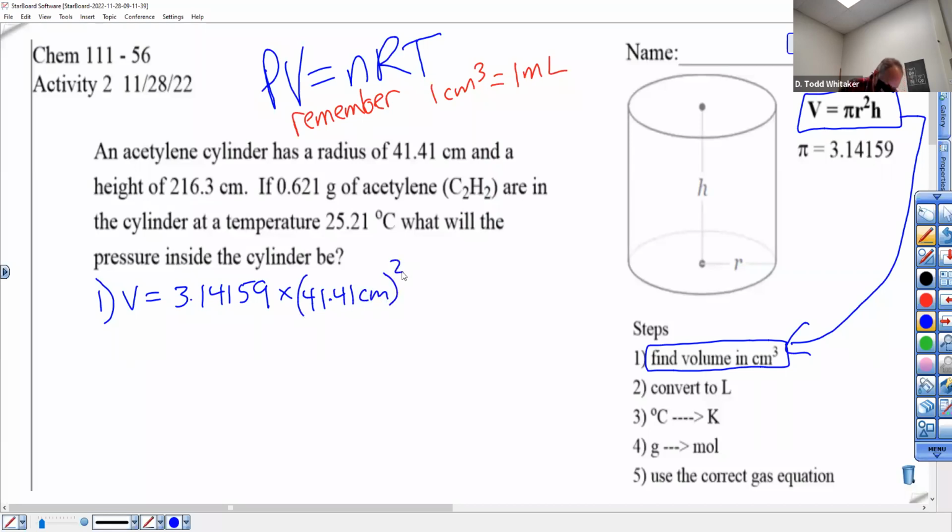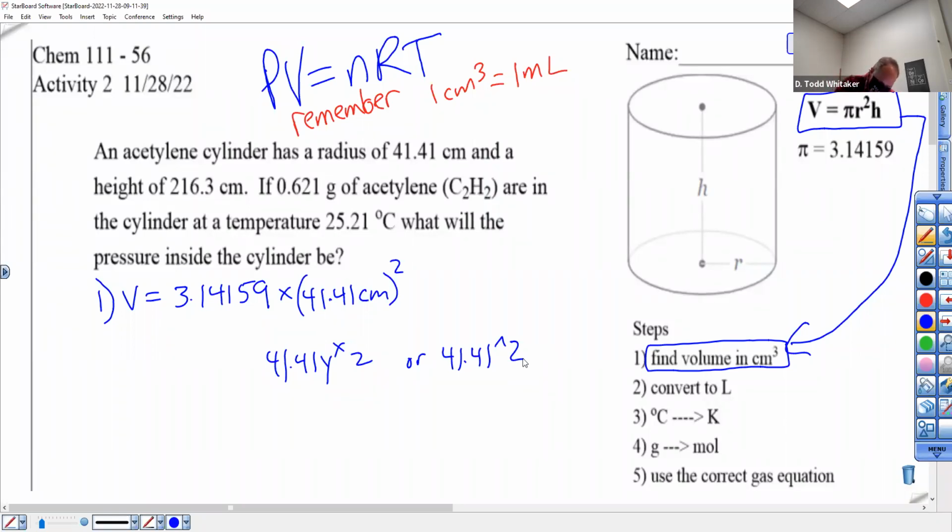A couple ways to do that on your calculator. There's a y to the power of x key, y to the x. So you type in 41.41 y to the x and then 2. That's one way to do it. Or 41.41 with a little caret and a 2, if you have that key. Okay? Those are just little hints.